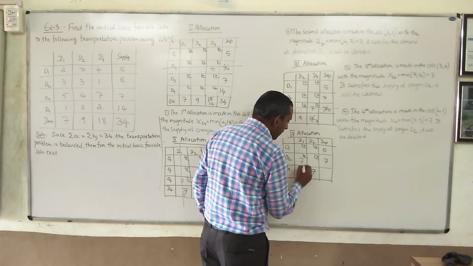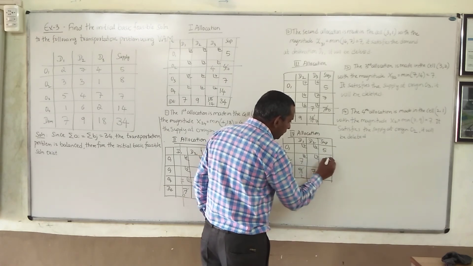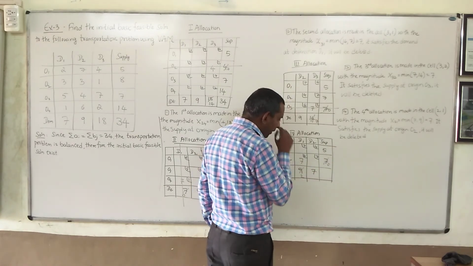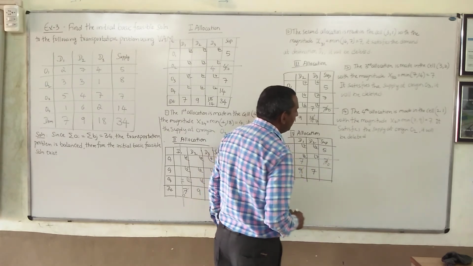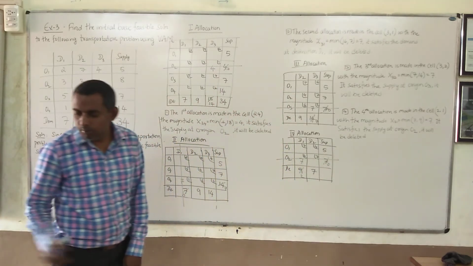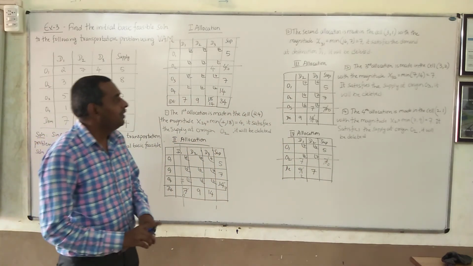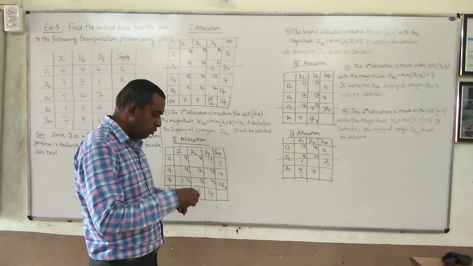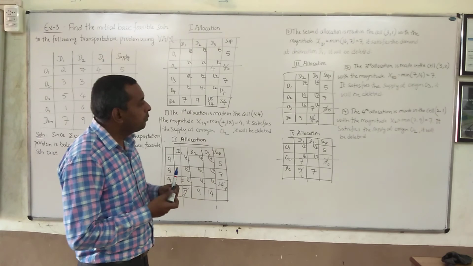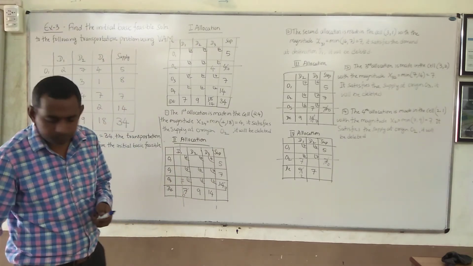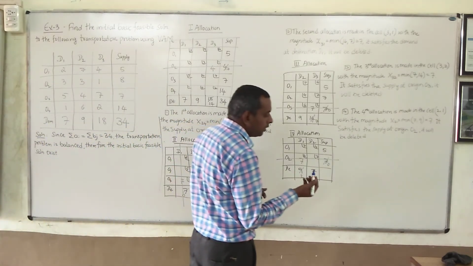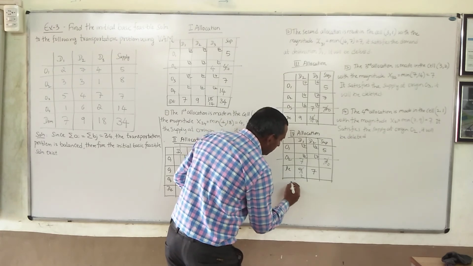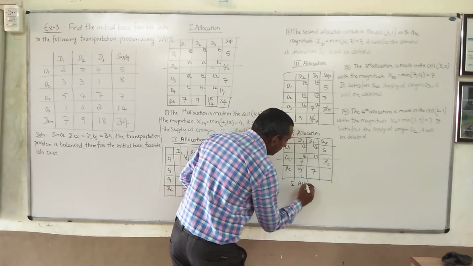Let me write 7 here. This becomes 2, this becomes 0. So this O2 gets deleted. So next we have to make the next allocation. What you are supposed to do? Again, go here. That is the fifth allocation.